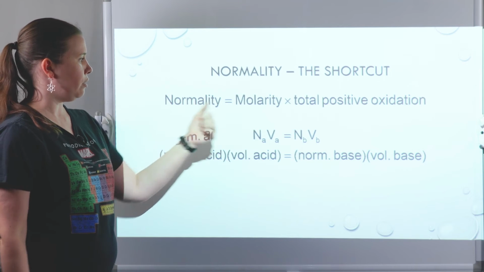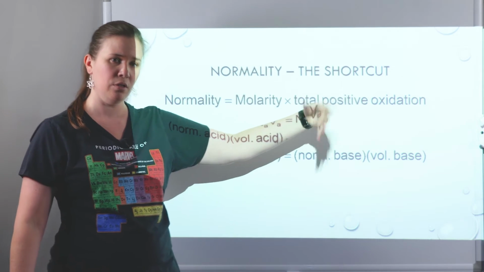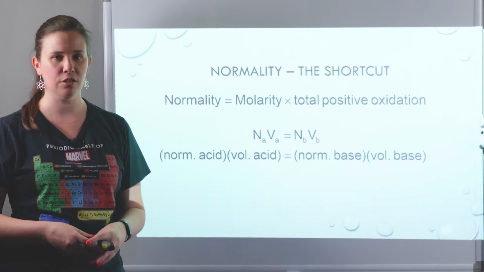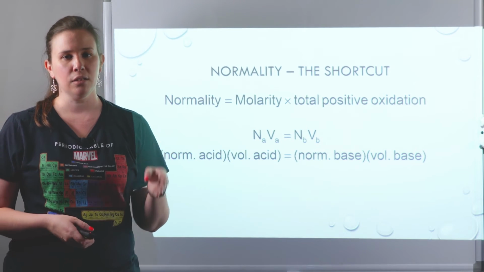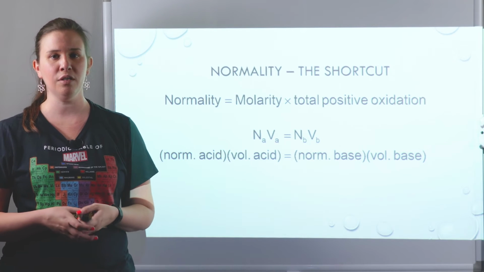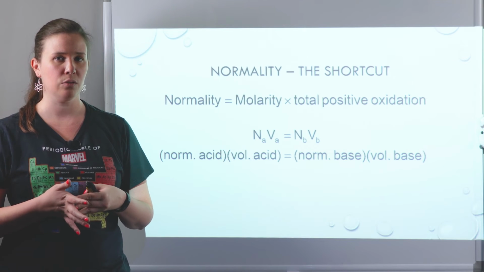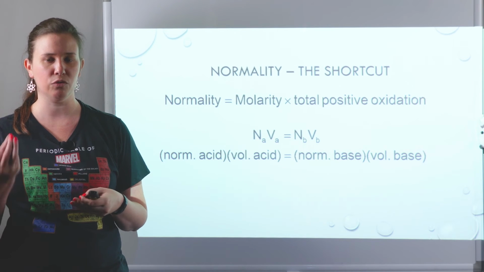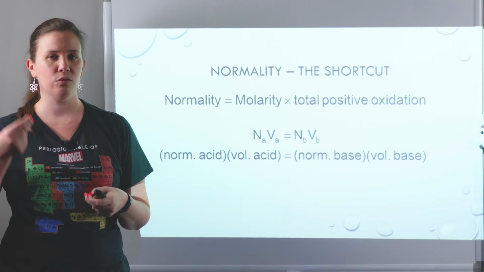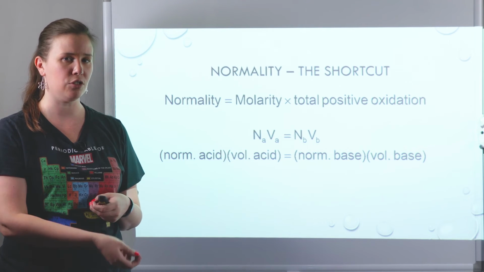So remember, normality is equal to molarity times the total positive charges, known as the total positive oxidation numbers. So that's going to allow you to basically take care of your coefficients. If you think about where the coefficients come from, when we predict products, we create subscripts off of charges, and then those subscripts create unbalanced equations which later require coefficients.